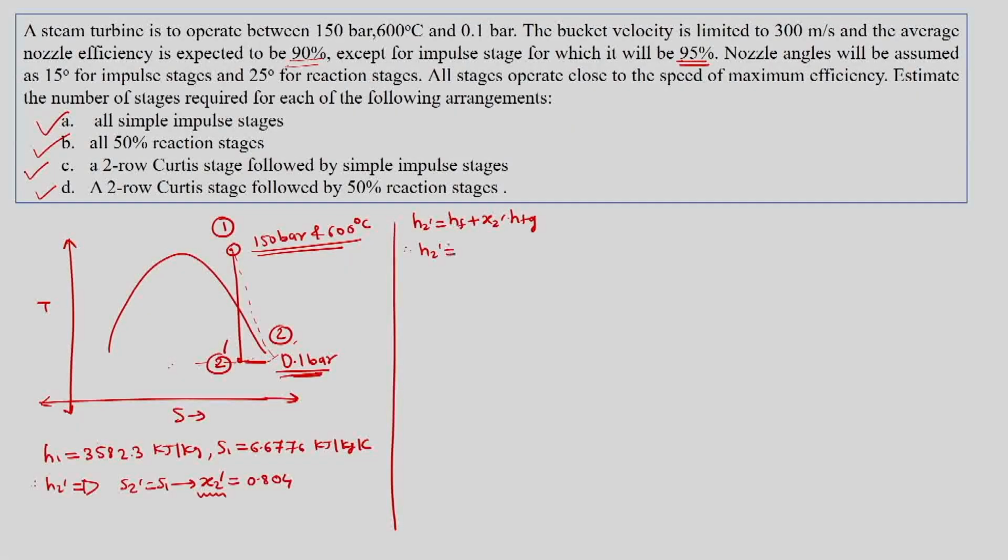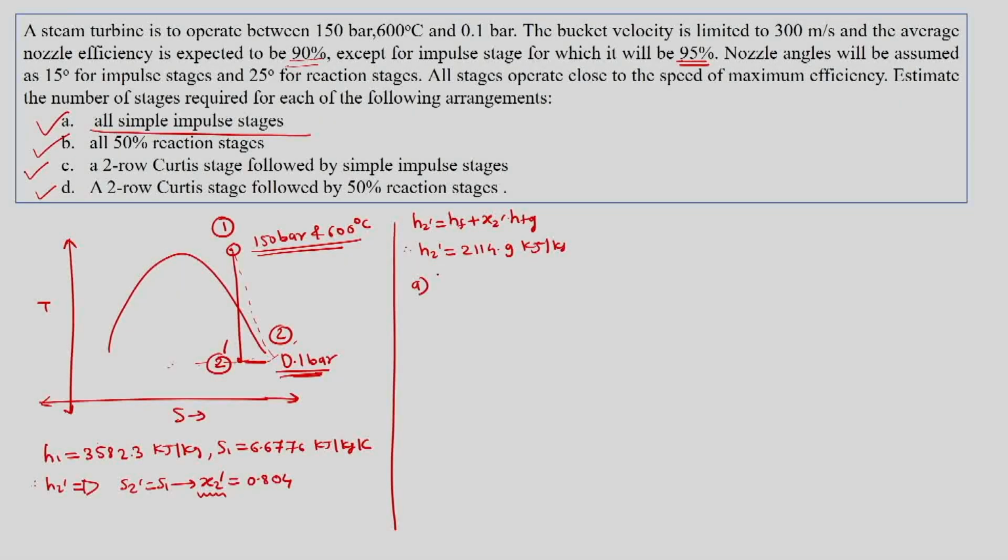So we get H2 dash is equal to 2114.9 kilojoule per kg. Knowing this, we can solve first example where all stages are impulse.